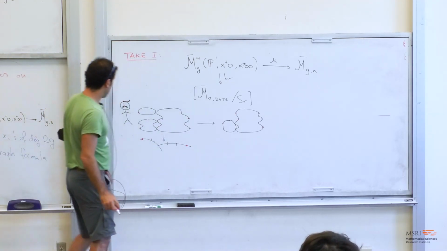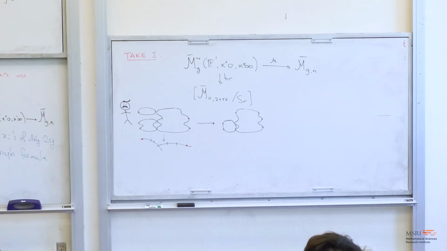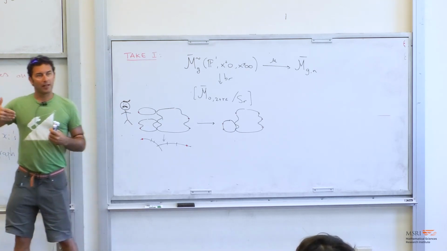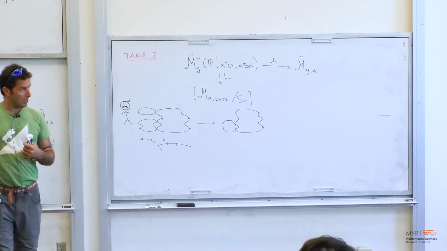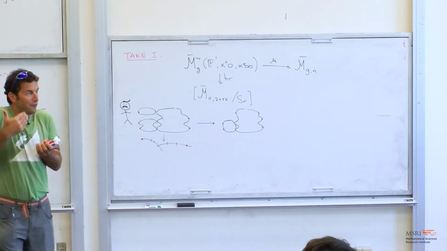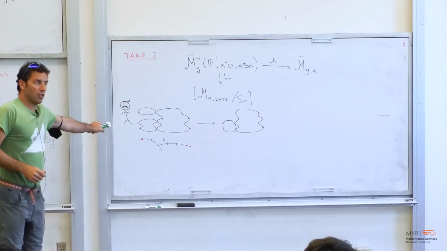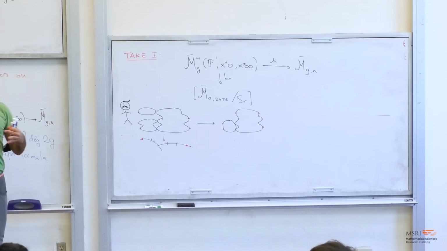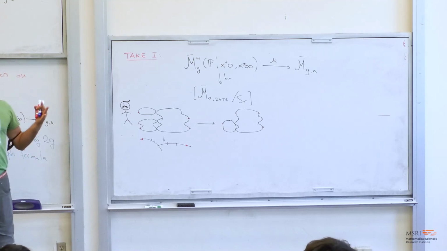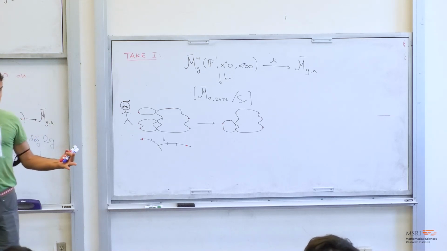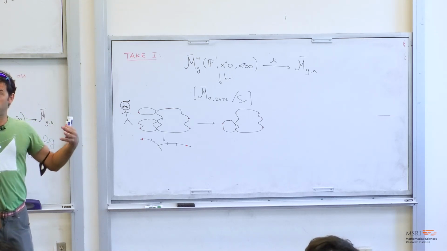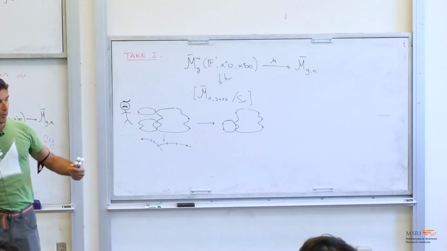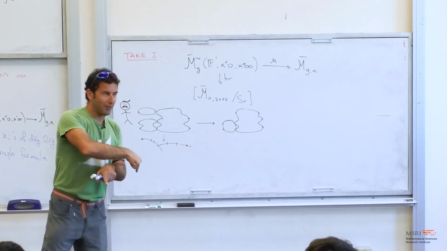Okay. Now, psi classes, we've introduced them briefly, and really the only thing I would like you to think about right now is that they're classes constructed from line bundles on moduli spaces, and the fibers of these line bundles have to do with cotangent lines of the objects parameterized. This is also a key point of the philosophy of doing geometry on moduli spaces: you study geometric objects on moduli spaces that are described by geometric objects on the objects parameterized.